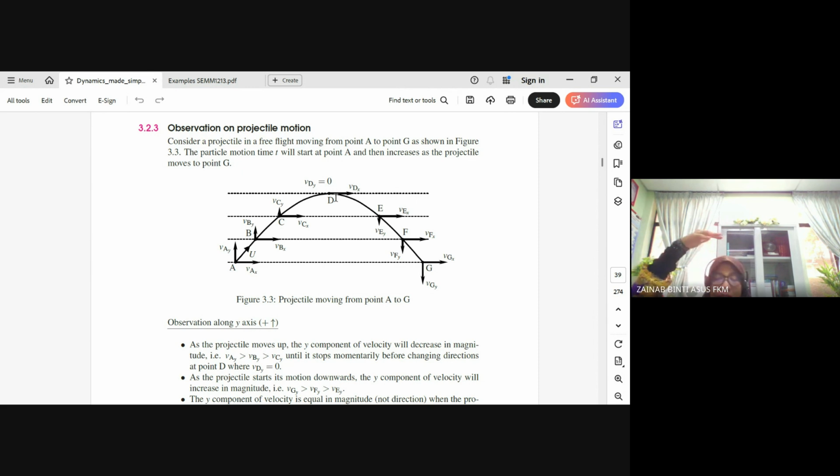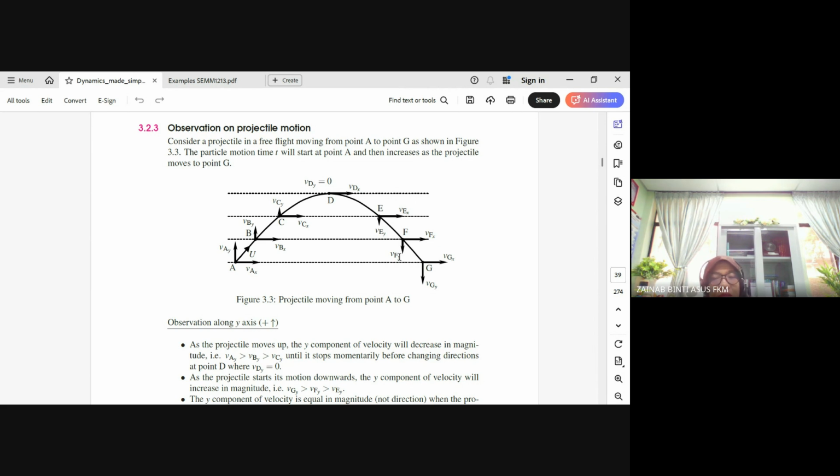As it moves down and forward, you will see that VEY, because of momentum, will add up, bigger and longer a little.